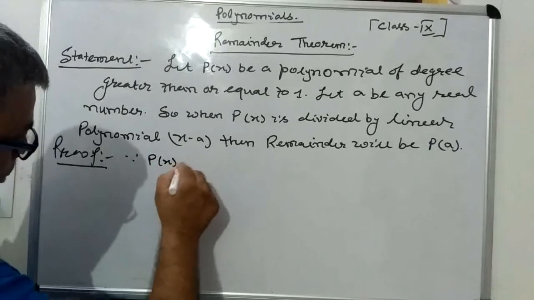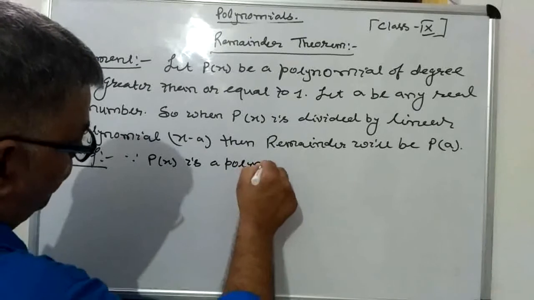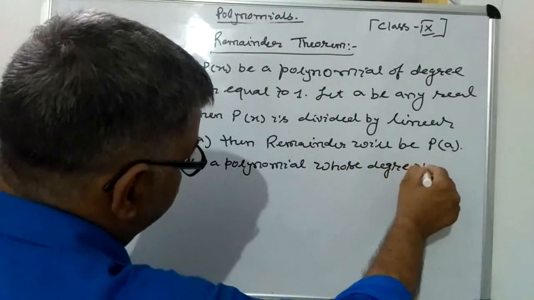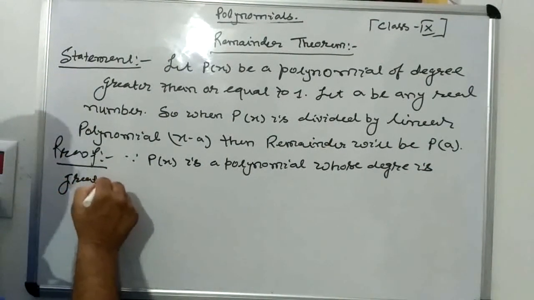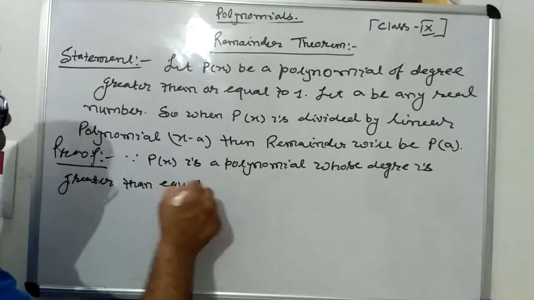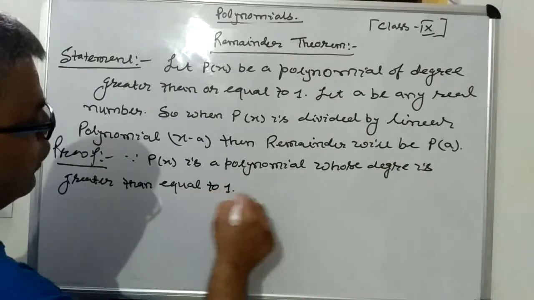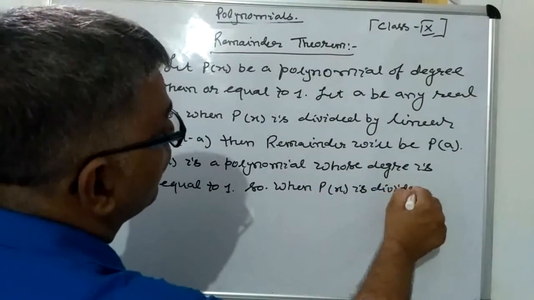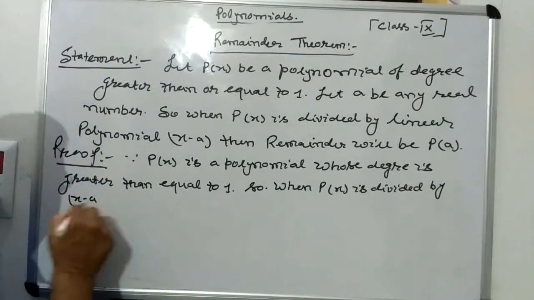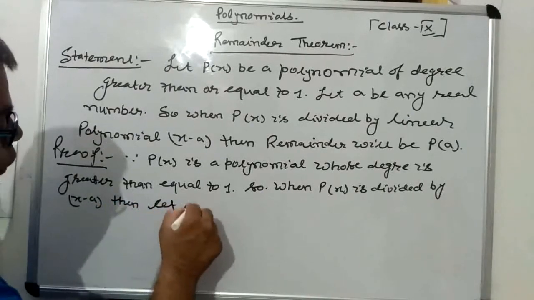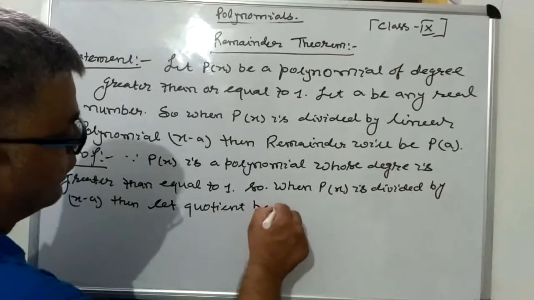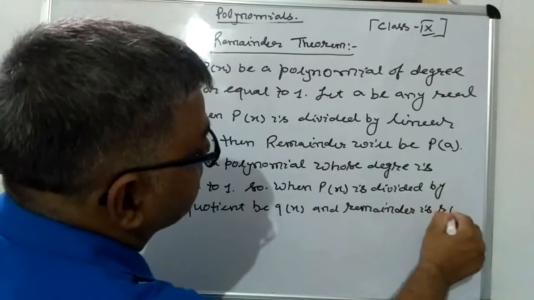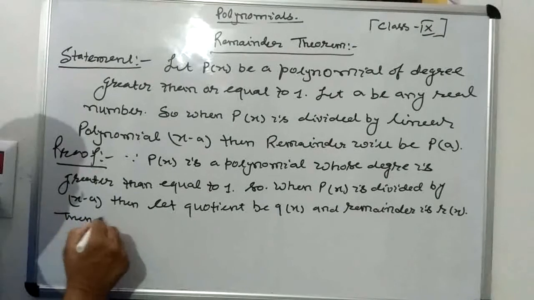Since P(x) is a polynomial whose degree is greater than or equal to 1, when P(x) is divided by x minus a, let the quotient be q(x) and the remainder be R(x). We suppose it.